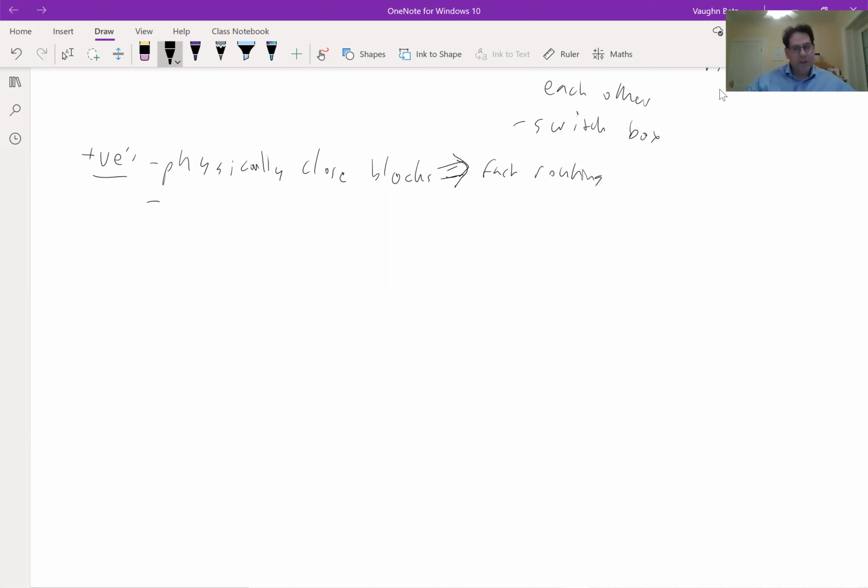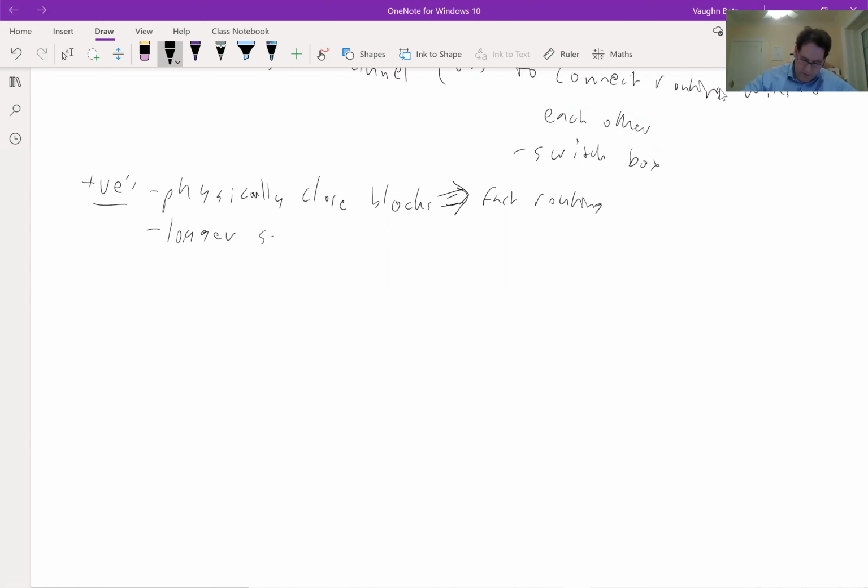Now we still have some connections that are going to have to go a longer distance. So what about them? The way island style FPGAs handle those longer connections is that they build longer routing wire segments. So longer wires or longer segments; I'm going to use those terms somewhat interchangeably.